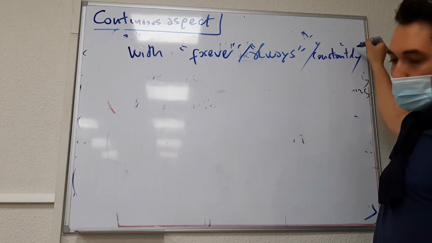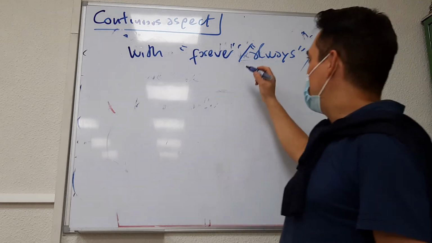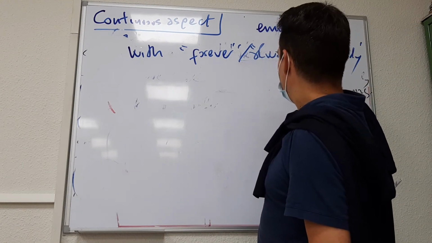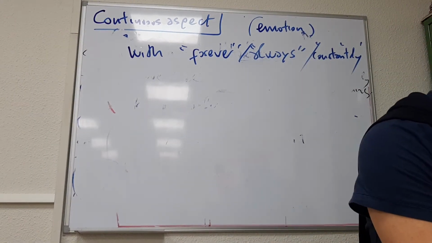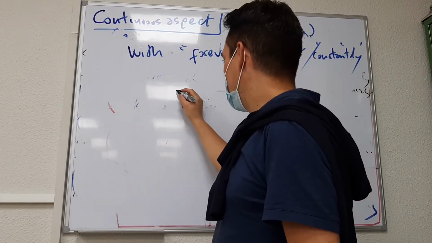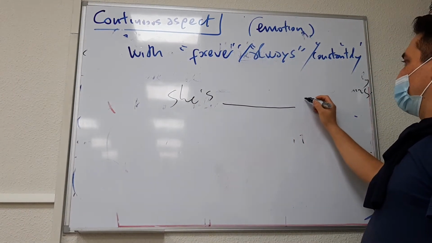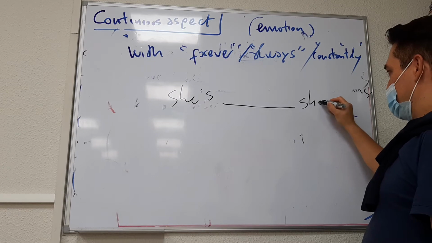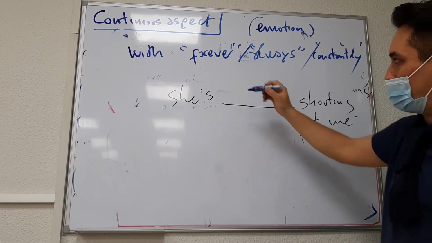When you combine it with these words, you are indicating an emotion, typically a complaint. Typically you complain. So for example, she's shouting at me. You can add these words.